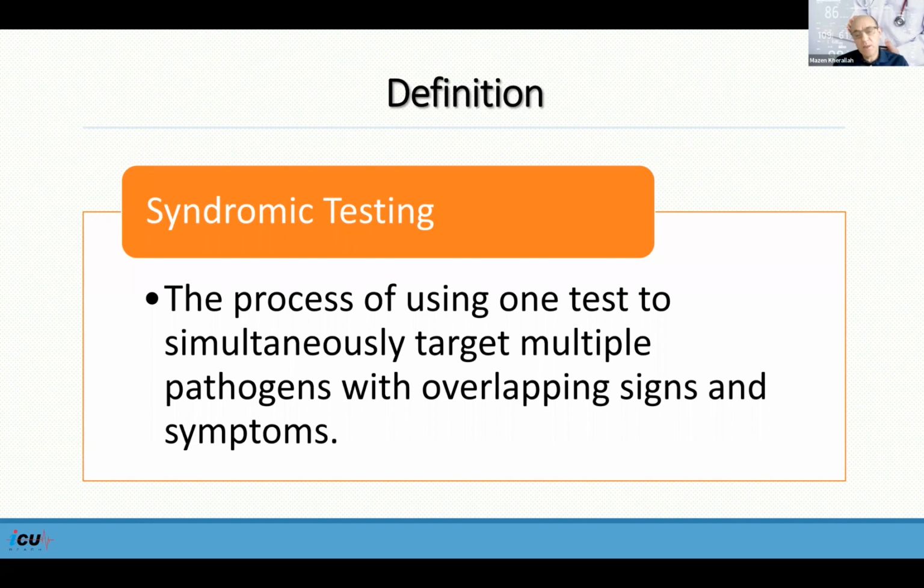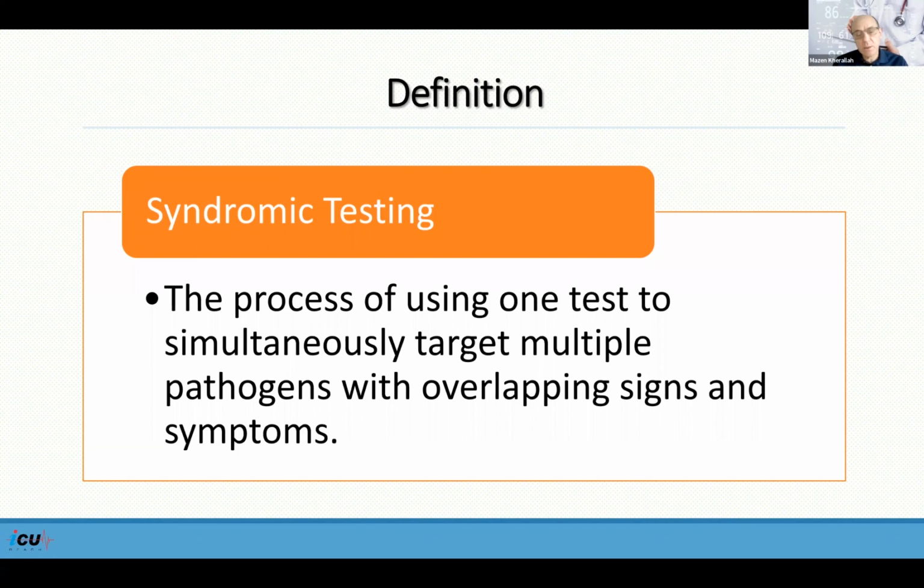A pneumonia can be caused by bacteria, viruses, or atypical bacteria such as chlamydia and legionella. It would be very difficult to differentiate among different types of pneumonias based on the clinical syndrome. They do have overlapping signs and symptoms, and it would be difficult without doing multiple tests.